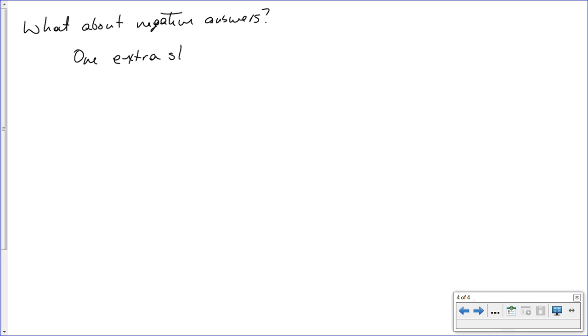So one extra step. What you want to do is flip every odd powered x term, then count the flips.